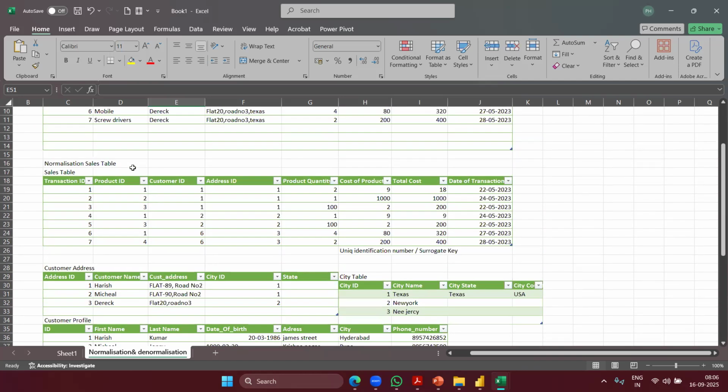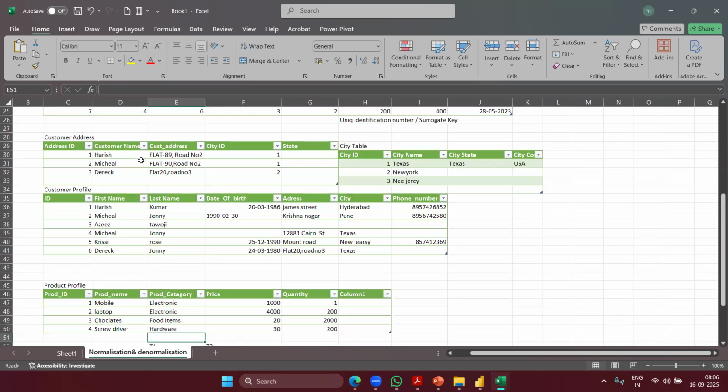So we as data engineers, I mean, whoever is tasked with this role, are going to build this data warehouse in a normalized form by logically splitting the data. Now we would have a customer table that stores all the customer information.